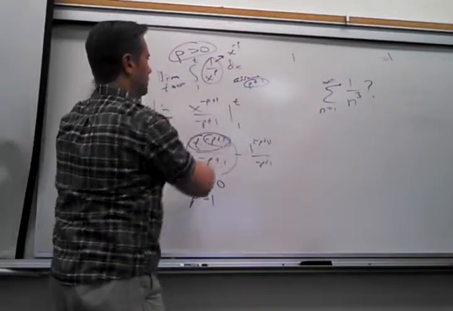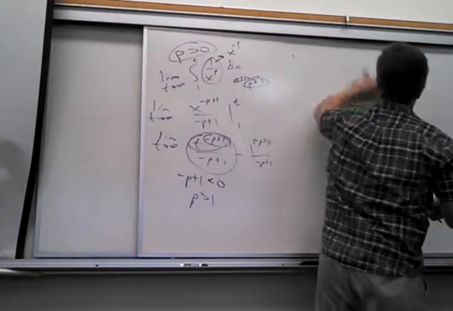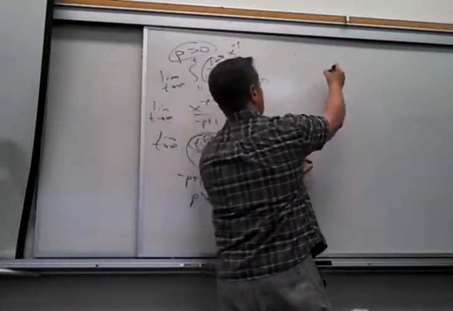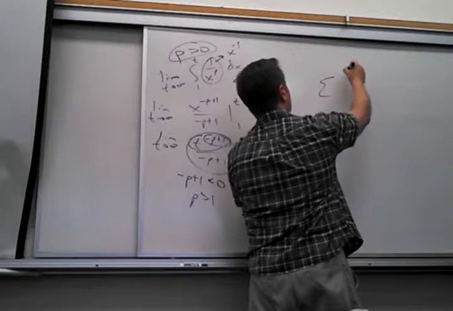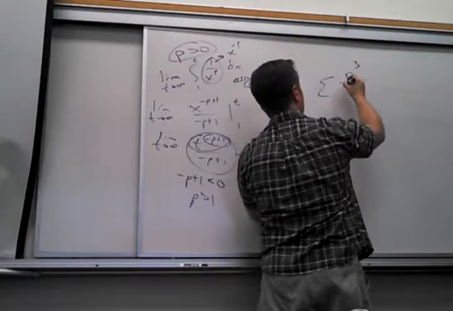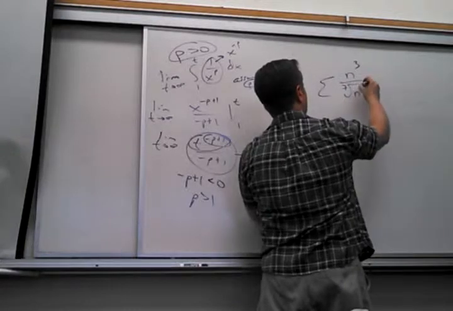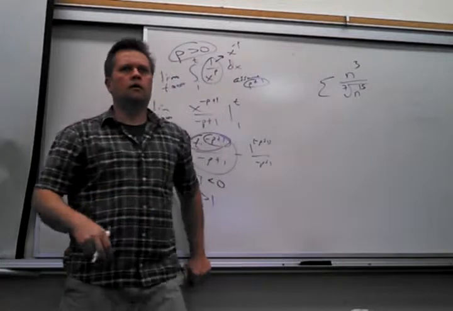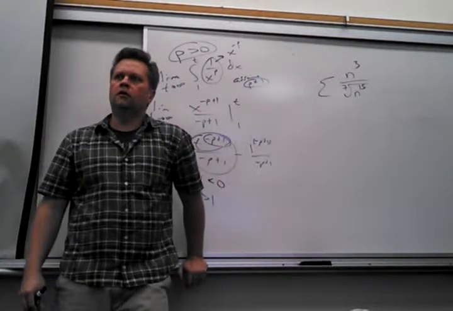Alright, so that was a lot of crap to go through, and I know a lot of you guys are not terribly interested in that, but this is really powerful now. So if I ask you, let me see if you guys can handle this. Divergence.